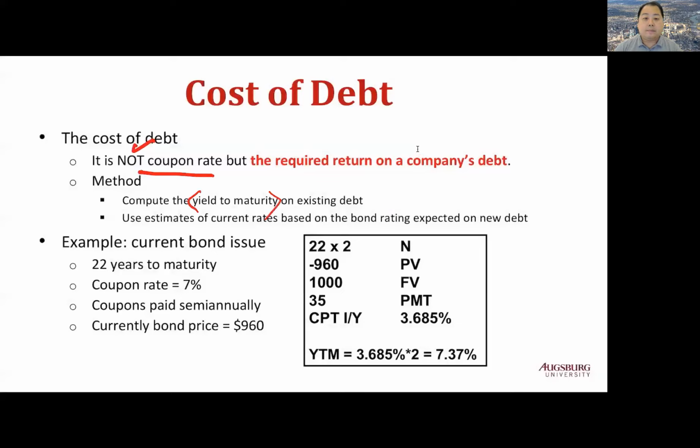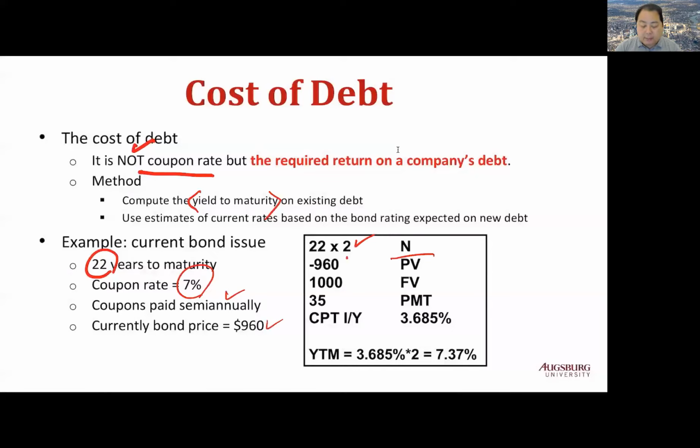Look at the example. Current bond has 22 years to maturity with 7% coupon paid semi-annually, sold at $960. The cost of debt is the YTM of the bond. Using the TVM function of the calculator, N is 22 times 2.